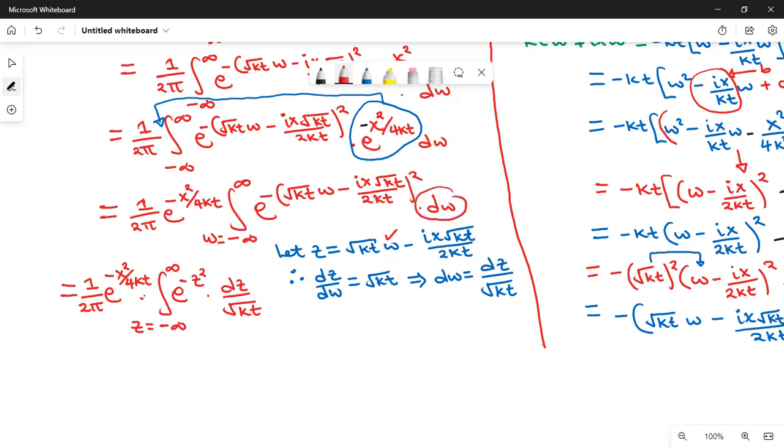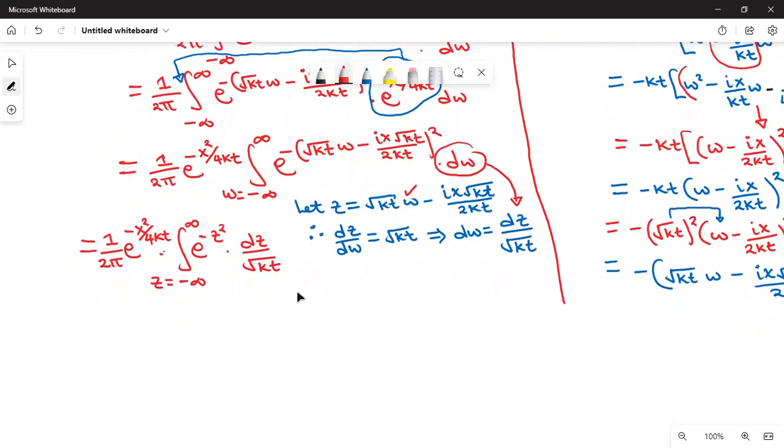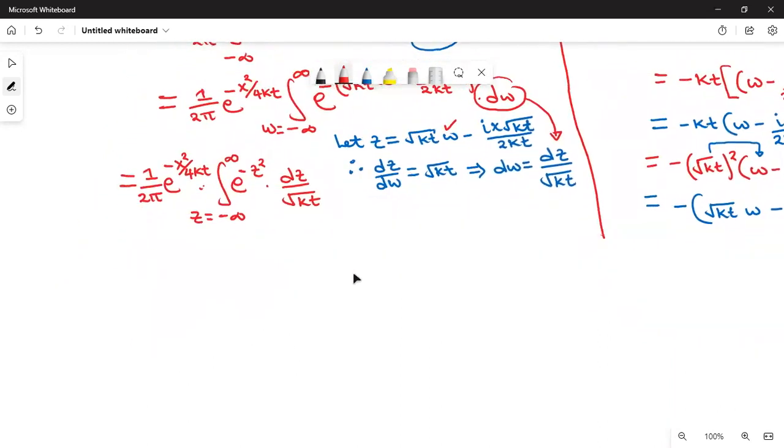dω is the same as dz over root kt. The square root of kt is independent of z, so we can factor that out.